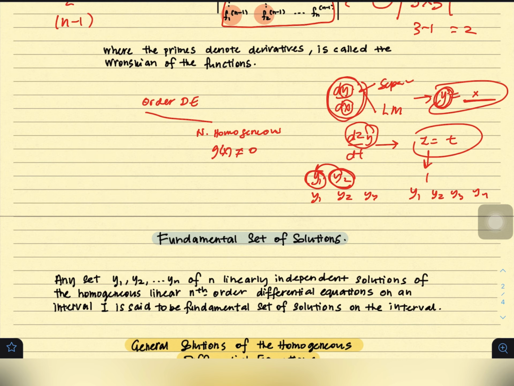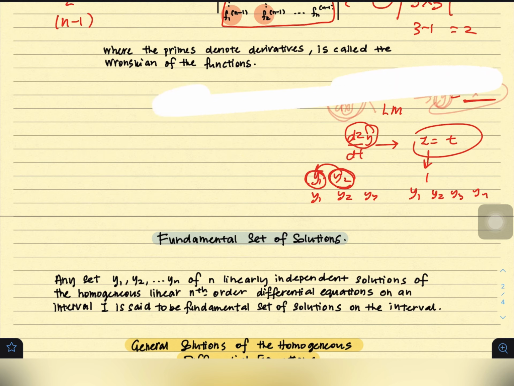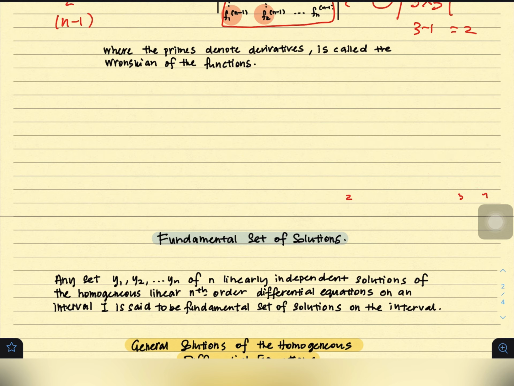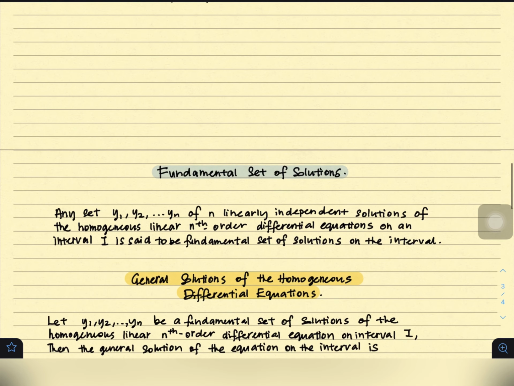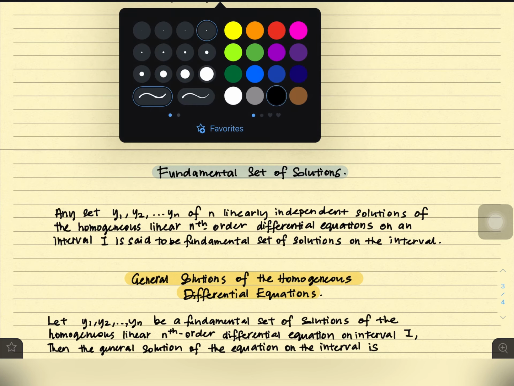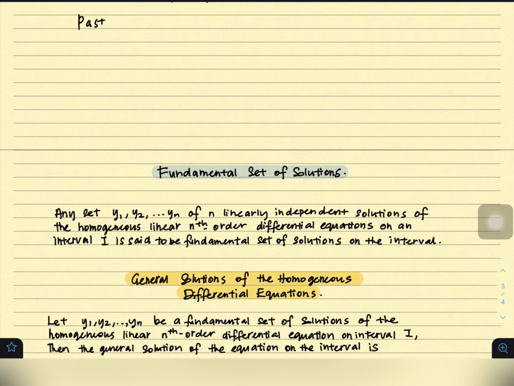Okay, I want to try one question from a past year paper about linearly dependent and independent solutions of differential equations. It comes from the past year July 2017, you can check.